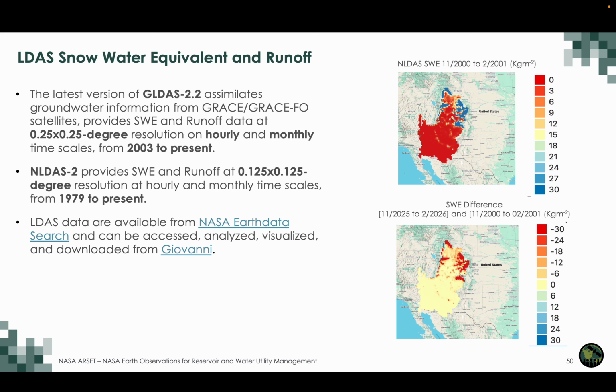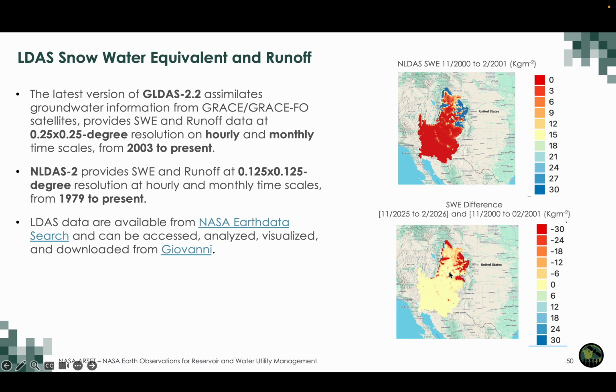NLDAS-2 provides snow water equivalent and runoff at 1/8 of a degree resolution, and they are also available at hourly and monthly time scales starting all the way from 1979 to present. LDAS data can be obtained from NASA Earthdata Search, and they can be accessed, analyzed, visualized, and also downloaded using a web tool called Giovanni.